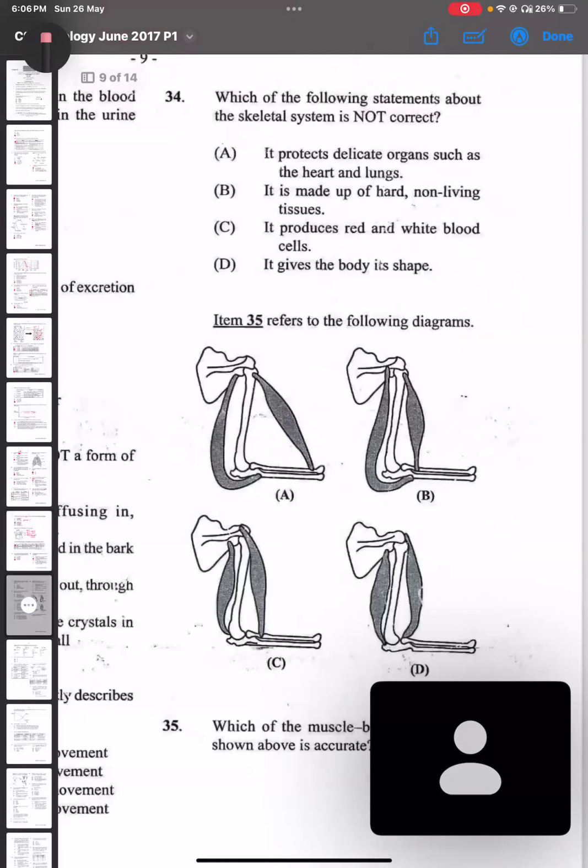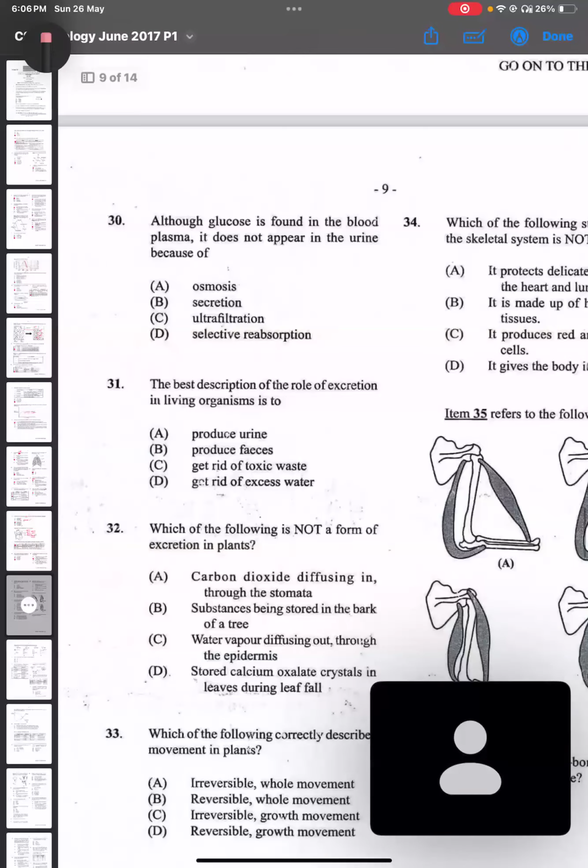30. Although glucose is found in blood plasma, it does not appear in the urine because of, so we're asking about the kidneys here. What stops it from appearing in the urine? D. Ultrafiltration.